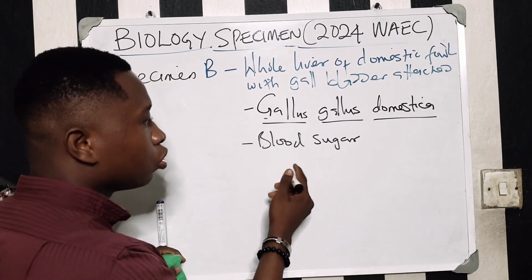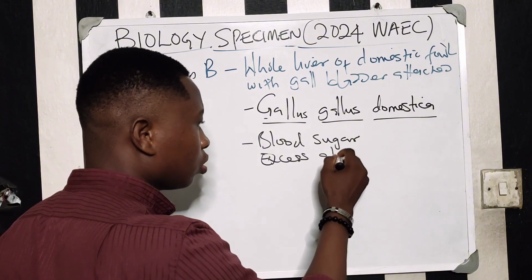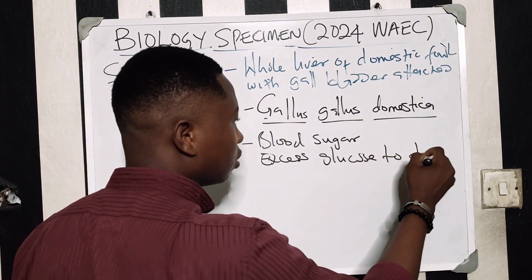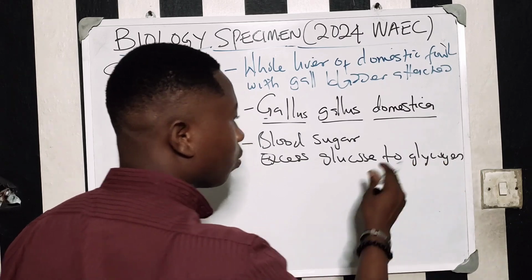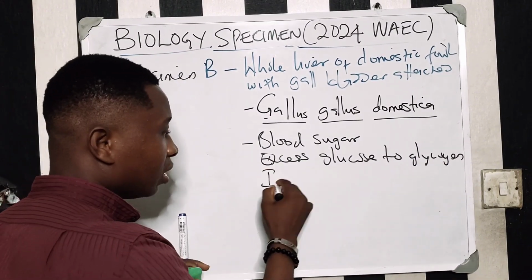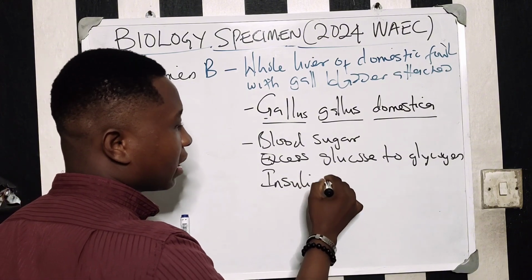It helps to convert excess glucose to glycogen with the help of a hormone known as insulin that's released by the pancreas.